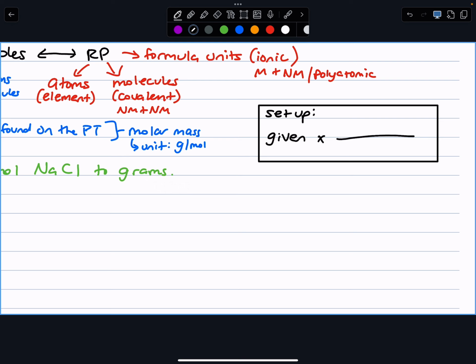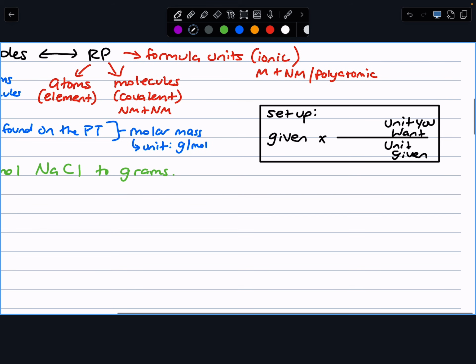Given times a fraction. Right? Unit you want goes where? On top. That's why I'm writing it there. Good. And the unit given goes where? At the bottom. Unit. Not the number. Just the unit. Okay? Keep that in mind.